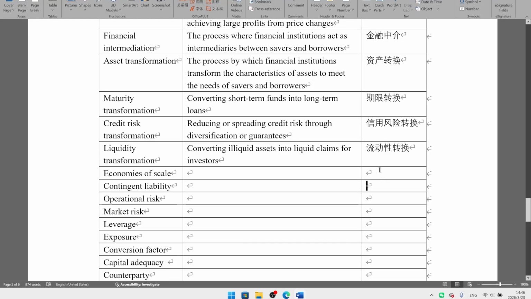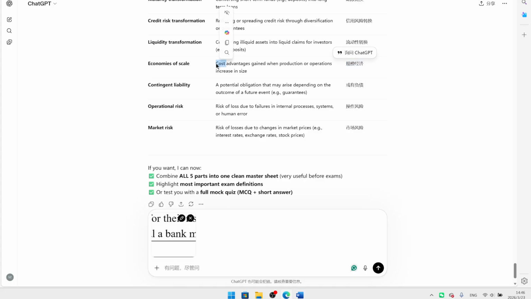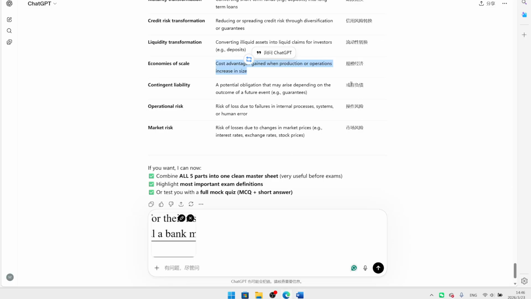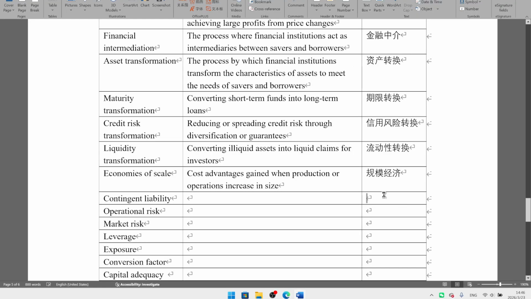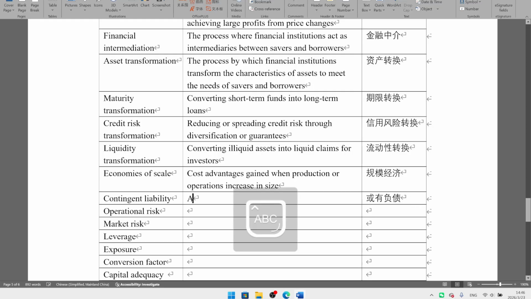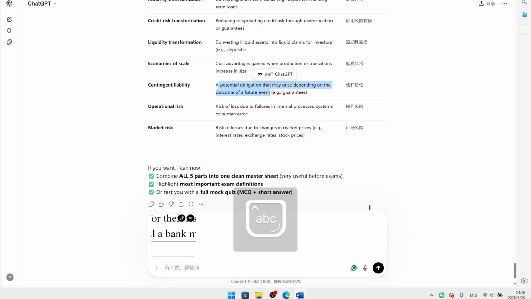Economies of scale is the cost advantage gained when a firm operates at increasing size. Contingent liability is a liability with potential arising from future events. Yes, a potential.